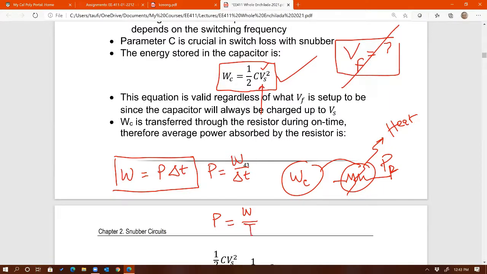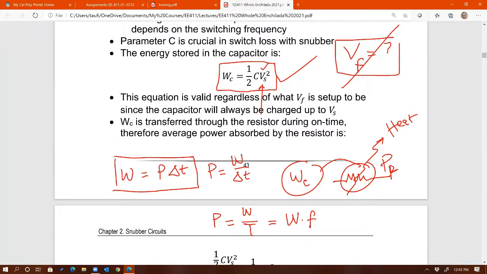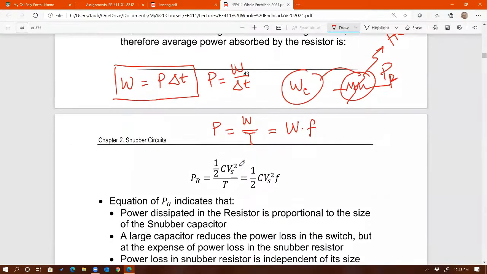The switching period. So therefore, P is equal to W over T, and as Nick said earlier, that's equal to W times F, right? Because T is equal to 1 over F. Okay, so that's how I derived the power loss on that resistor.